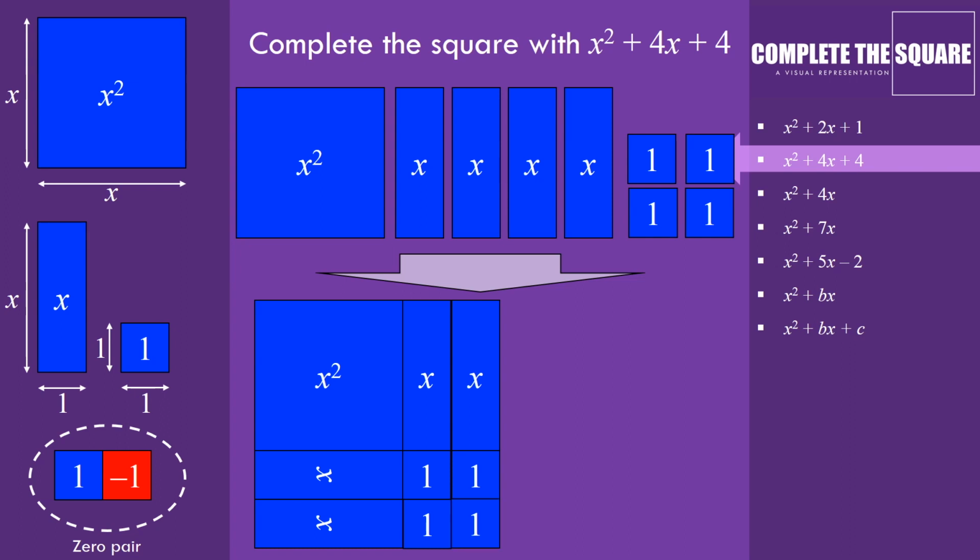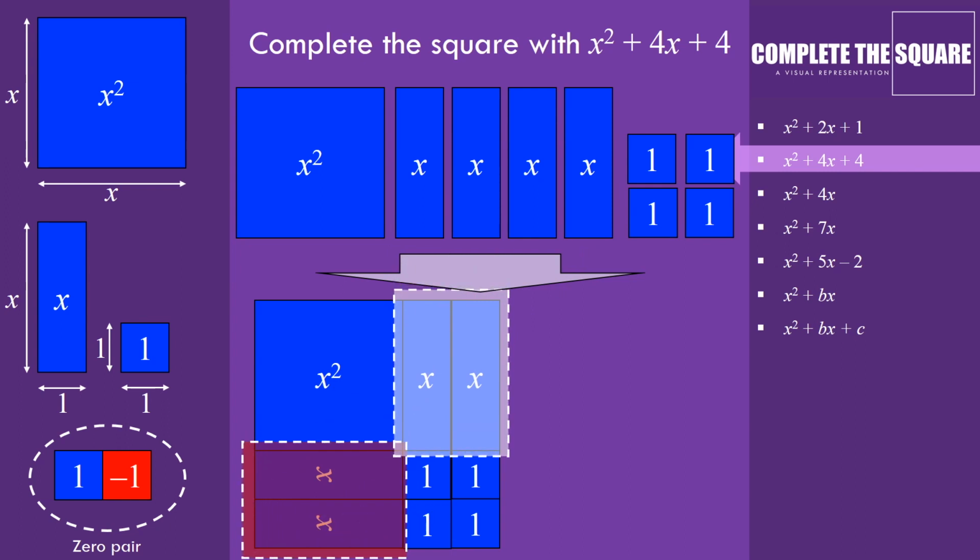Hence, we have formed a larger square of sides x plus 2. An observation that you should make now is how we split up the x tiles into 2 groups, aligning half of them to the side and the other half below. This is the main part of the trick in completing the square. Concluding this example, x squared plus 4x plus 4 can be expressed as (x plus 2) squared.